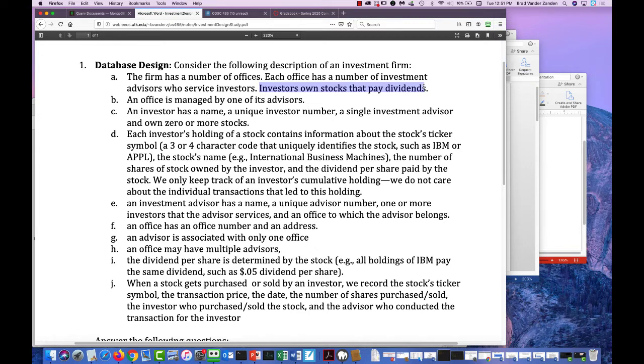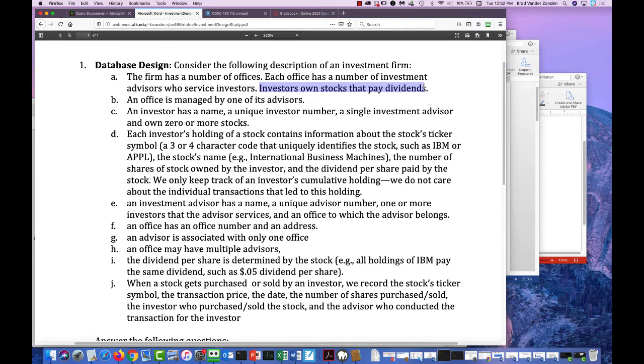For those of you who don't know what a dividend is, stocks often pay out a certain amount every quarter or every year, a portion of their profits that they return to shareholders. And a dividend seems more like an attribute, to be honest, than an entity. So that bears some watching. Okay.